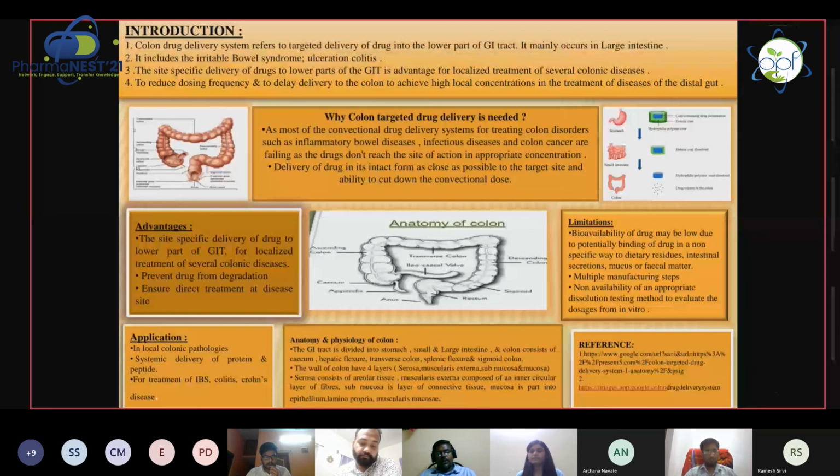What drug would you like to choose for your colon drug delivery system? Okay, never mind. That's all about it.